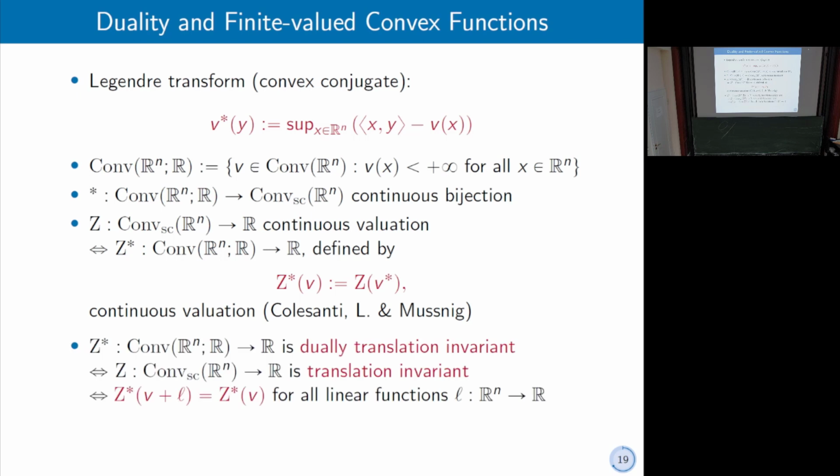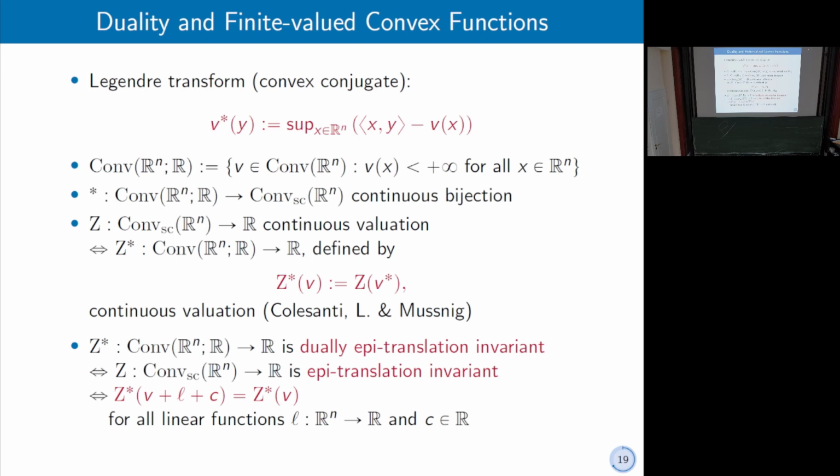You can translate what translation invariant means, and we call it dually translation invariant just because it's a dual notion. This corresponds now to adding a linear function, and this doesn't change our function. These are just well-known properties of the Legendre transform. And you can also talk about dual epi-translation invariant. This means if you add a linear function and a constant, it doesn't change your function.